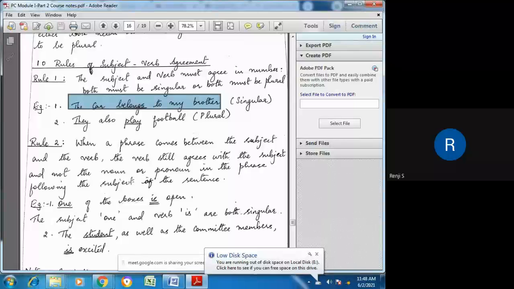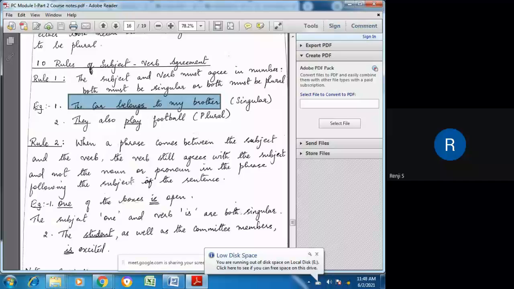If there is no s or es, then it can be plural. That is, if it was belong, B-L-O-N-G, instead of belongs, then it was plural. Okay, is it clear? Since I had written belongs here, there is an s at the end of the verb, so it is singular. So when you consider verbs which have s or es, then it is singular. If it does not have s or es, it is plural.